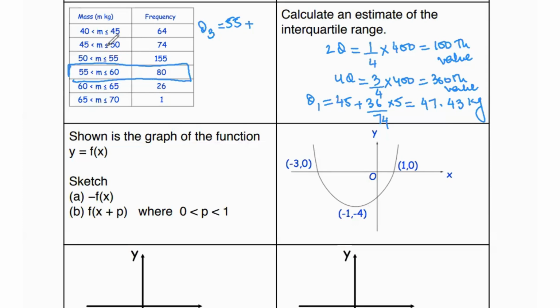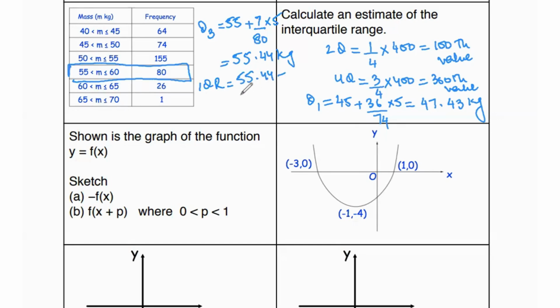When you count 64, 74, 155, these three add up to 293. And since we're trying to find the 300th value, the next 7 values are in this interval. So out of 80, we take 7 values, times that by 5, because that's the interval. And that is going to give us 55.44 kg.